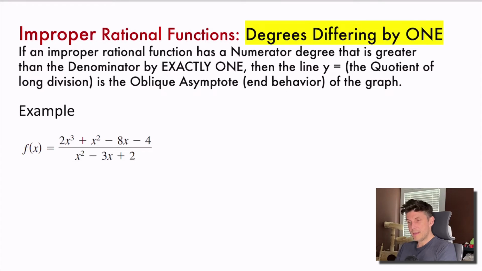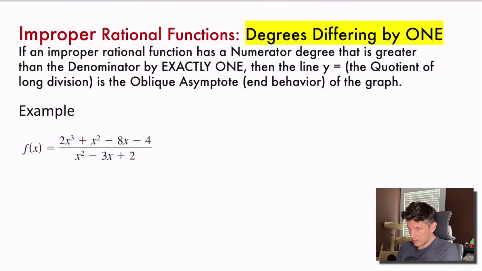All right, now there's another case with improper rational functions, the ones that interest us the most. There's obviously a bunch of different scenarios, but when the degree of the numerator is greater than that of the denominator by only 1, so their difference is just 1, and when that happens, your end behavior model, this got cut here.